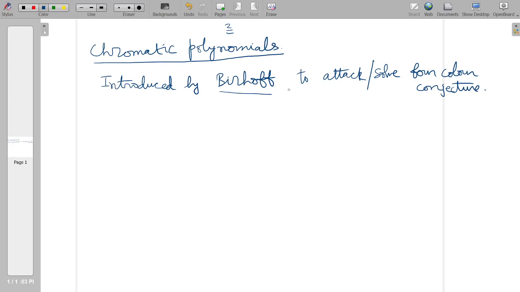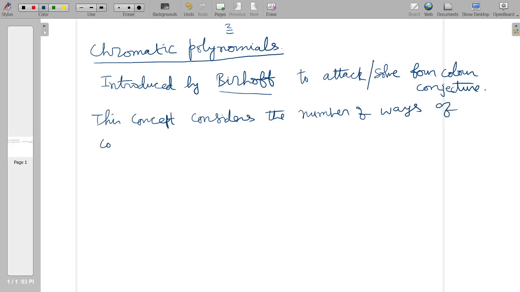What is this chromatic polynomial? This concept considers the number of ways of coloring a graph with a given number of colors.